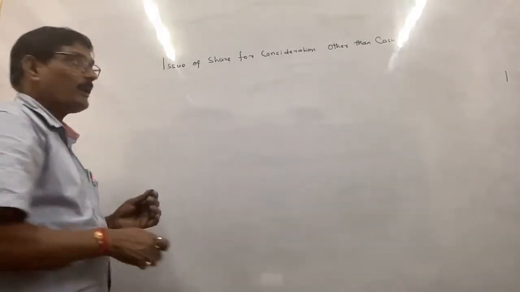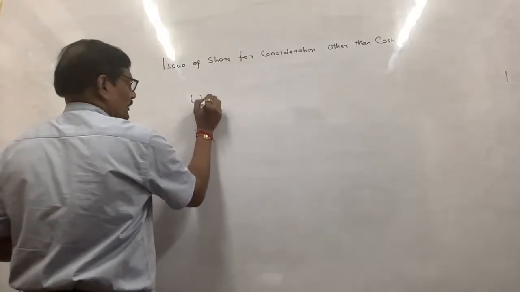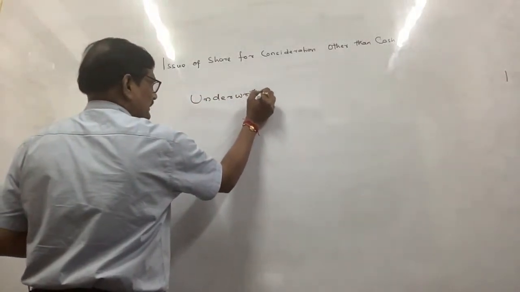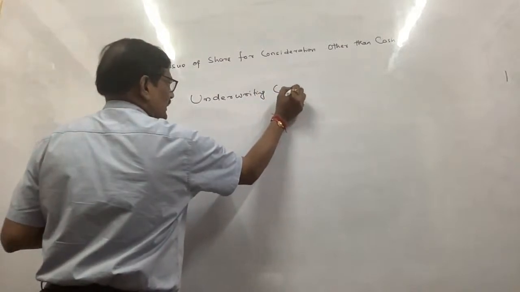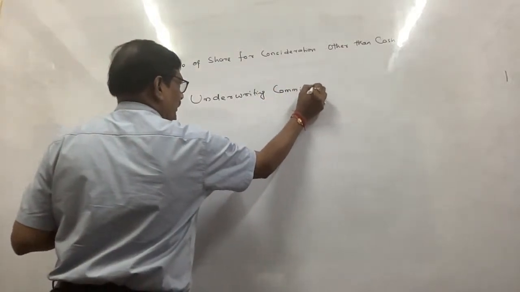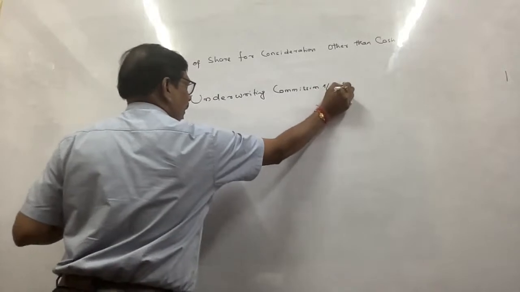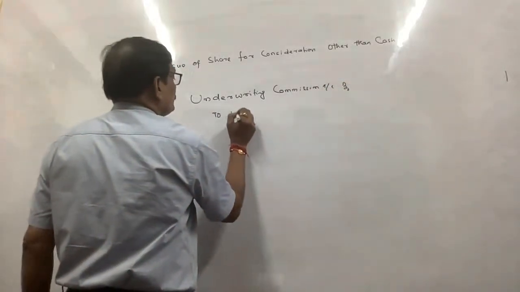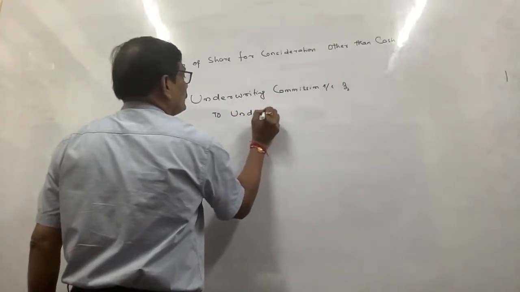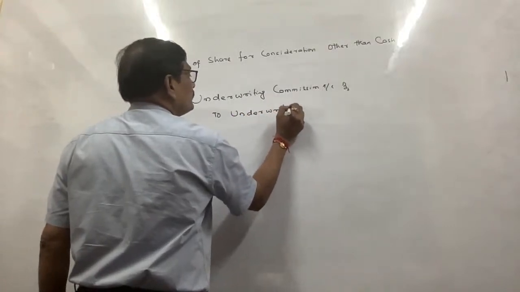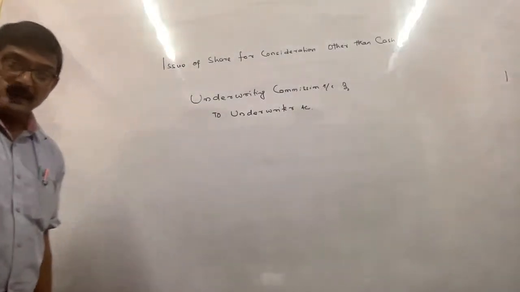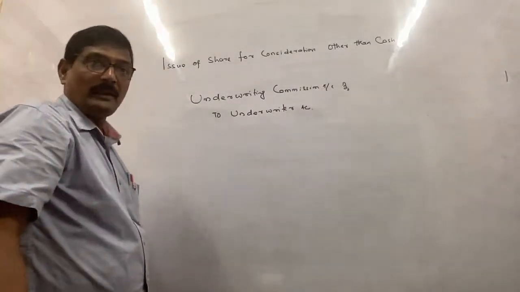The due entry will be underwriting commission account debit, being expenses, to underwriter's account. Underwriting commission account debited to underwriter's account.